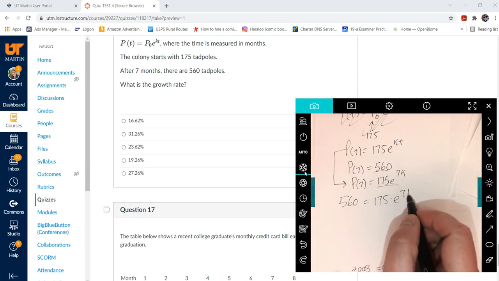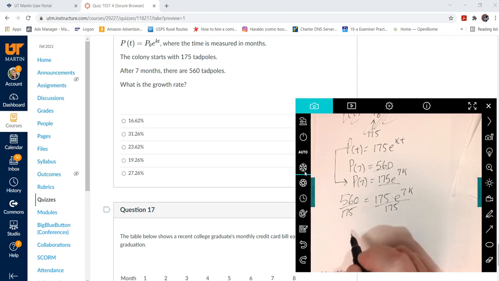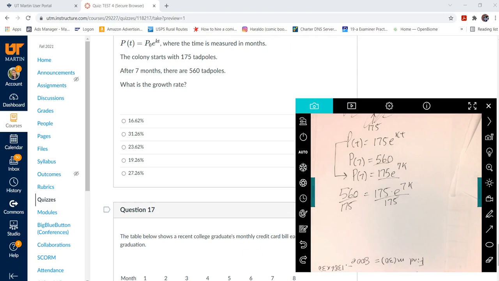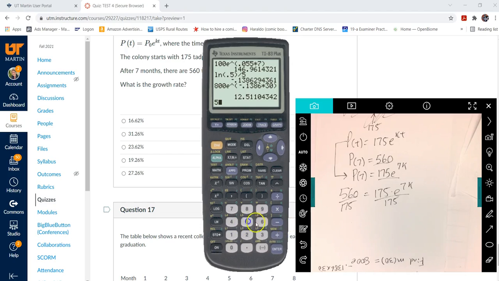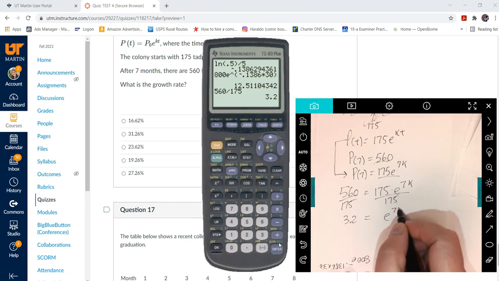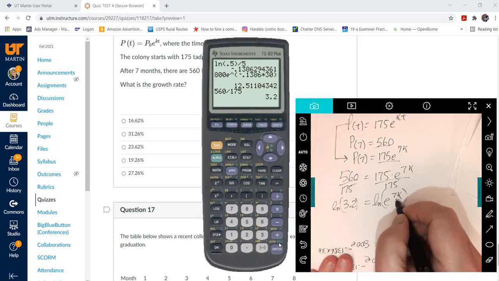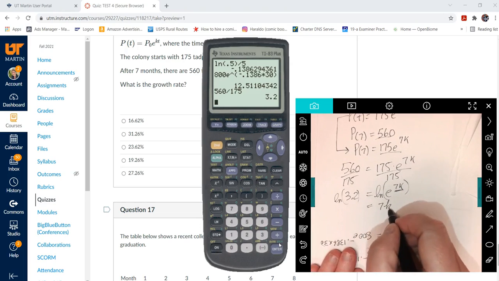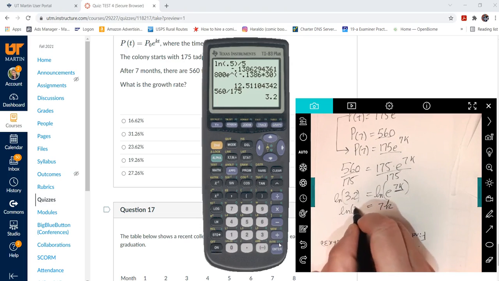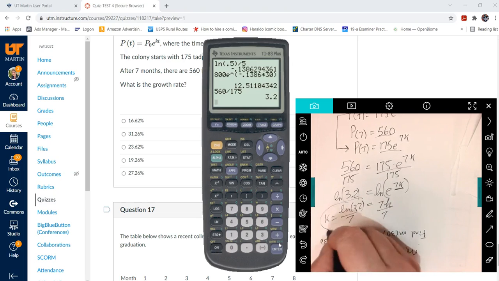Divide both sides by 175. Let me see what that number's like. 560 divided by 175. Okay, 3.2. And then take ln of both sides. So this comes out the front. And so my k is equal to that exactly.